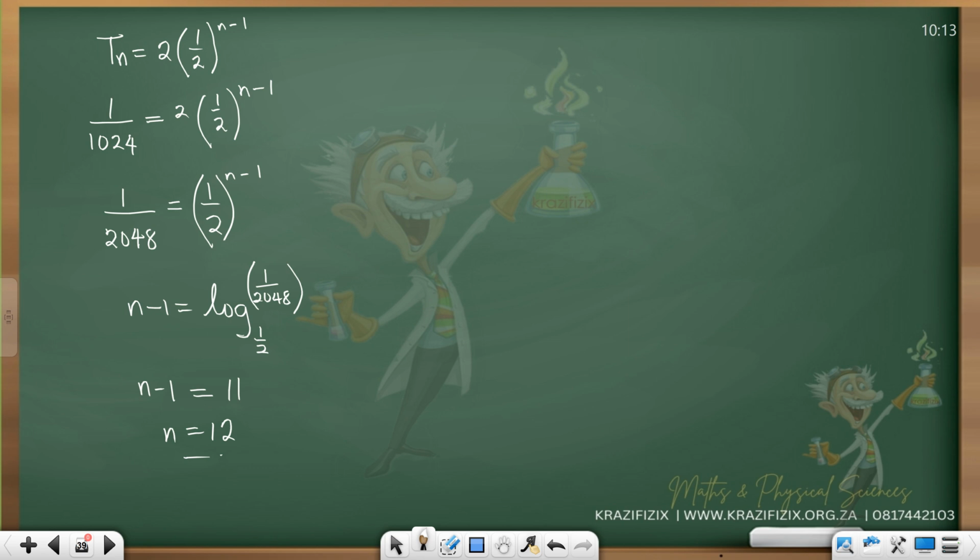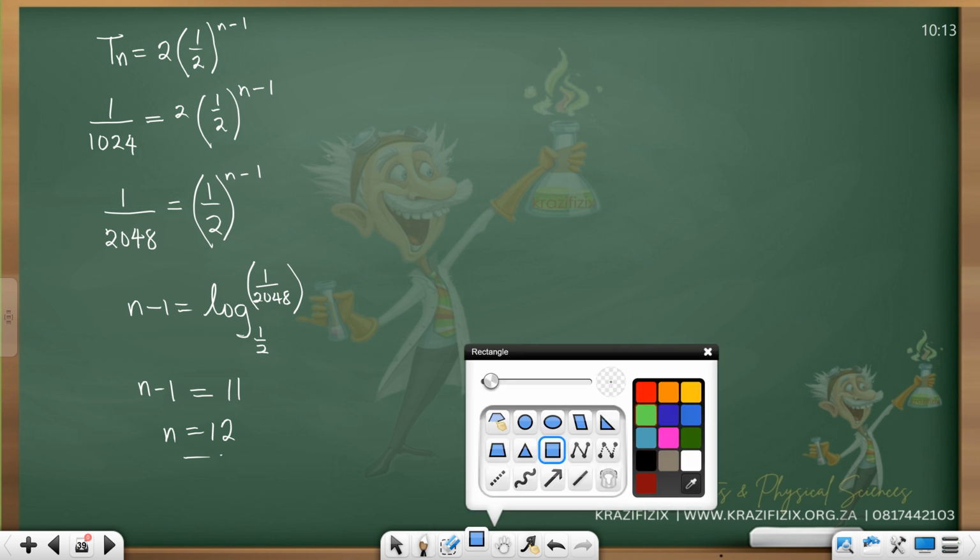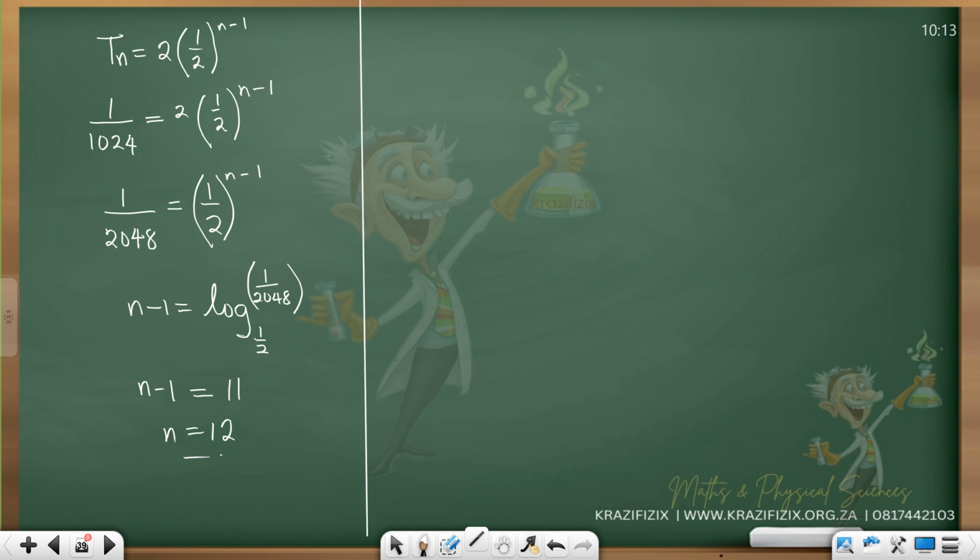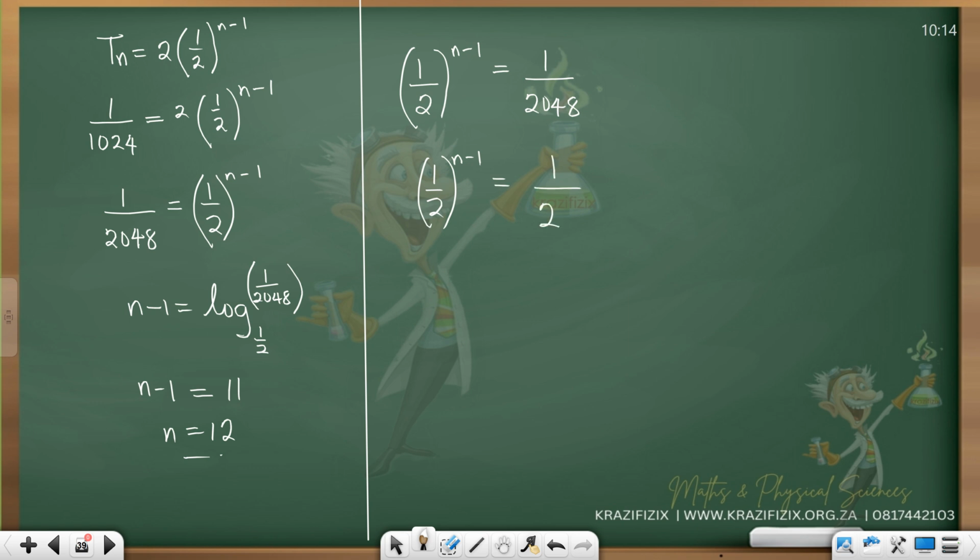Thank you, Tegofatu. I can also use my laws of exponents. It will still work. If I'm using laws of exponents, look at what it will be. 1 over 2 to the power n minus 1 is 1 over 2048, which is 1 over 2 to the power 11.